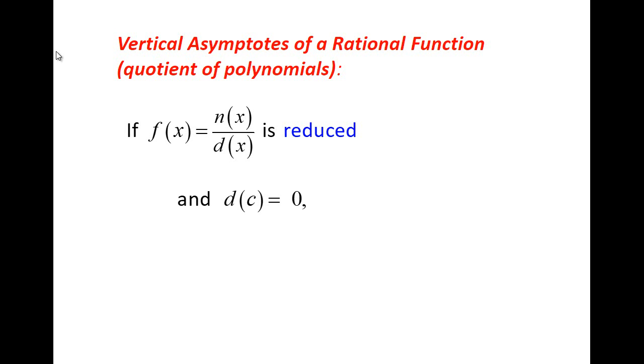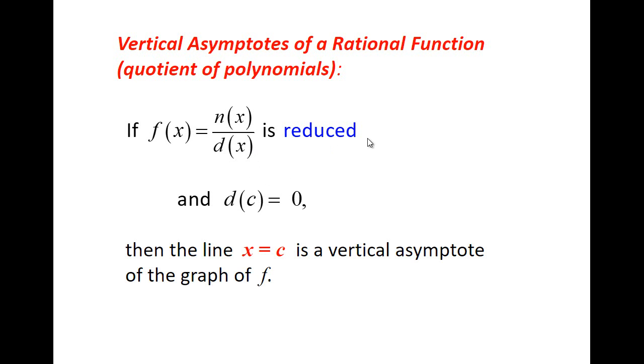So if f is reduced, and if the denominator vanishes at some number c, that is, if the denominator is 0 at some input c, then the line x is equal to c would be a vertical asymptote of the graph of the function f.